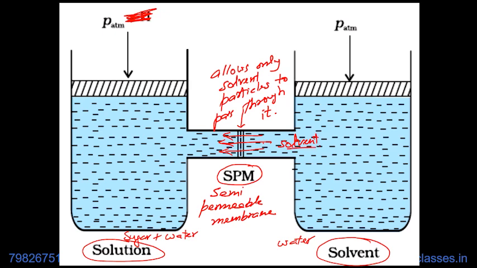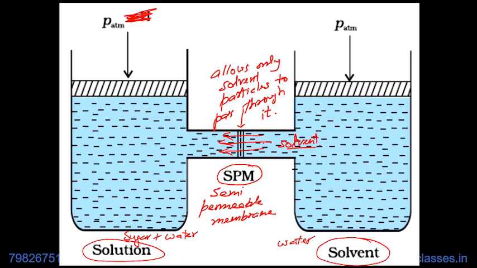Why will they move? Because the system will try to decrease the density, meaning the system will try to have the same density of the entire solution in both beakers, on both sides. But the solute particles cannot move towards the right. The semi-permeable membrane will not allow that. The size of solute particles is normally greater than solvent particles, so it will not allow solute to pass through it.